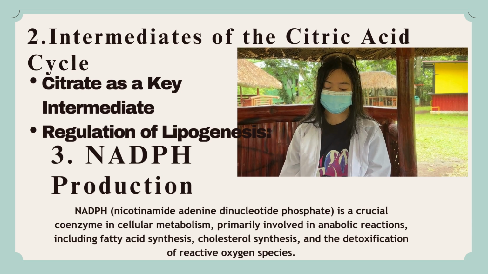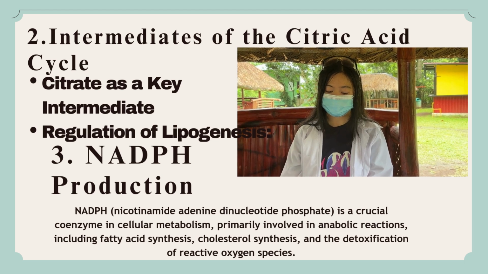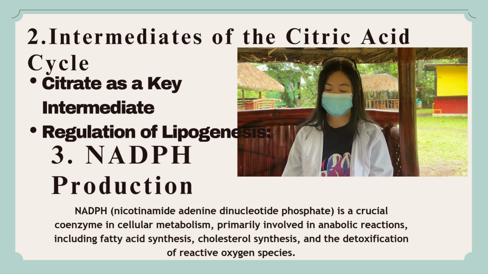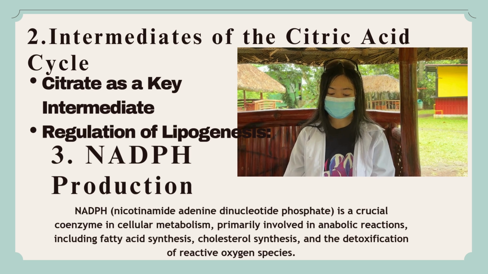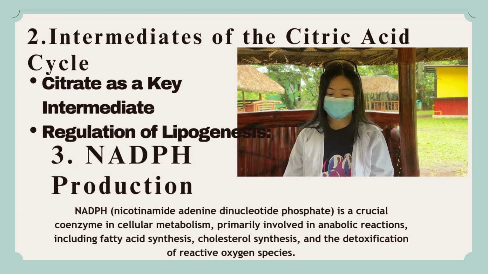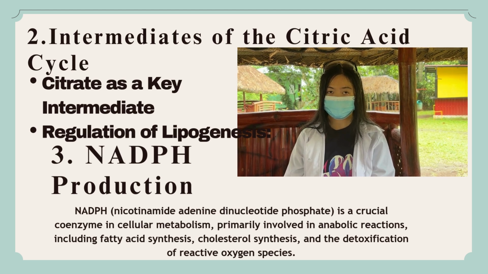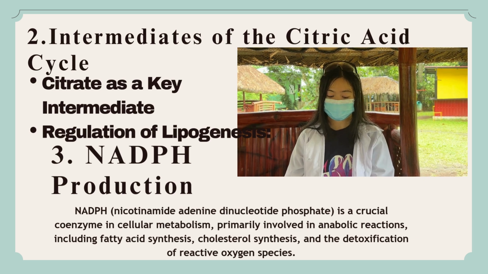Number 2. Intermediates of the citric acid cycle. Citrate is a key intermediate. When energy levels are high, excess acetyl-CoA can lead to the accumulation of citrate in the mitochondria. Citrate can be transported out of the mitochondria and into the cytosol, where it is converted back to acetyl-CoA and oxaloacetate by the enzyme ATP citrate lyase.